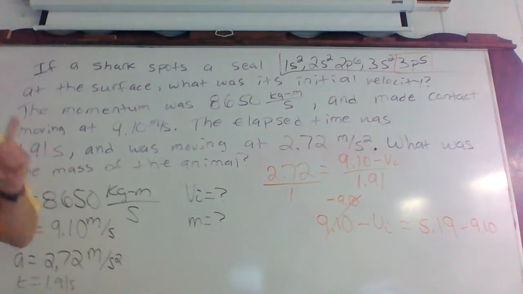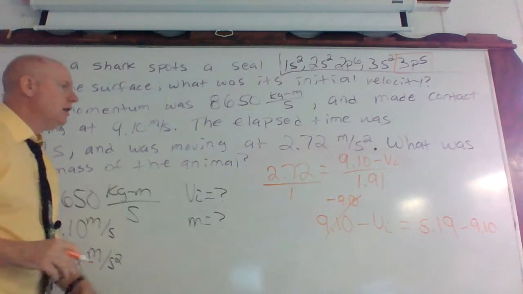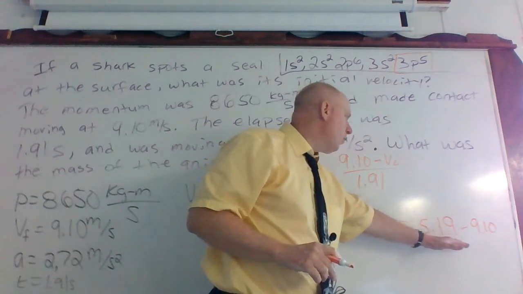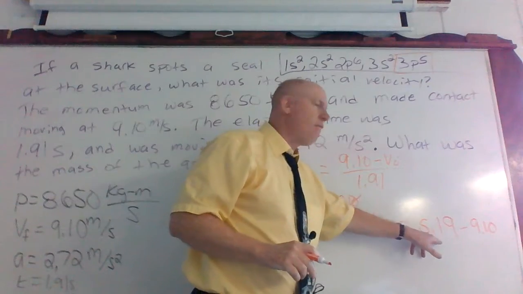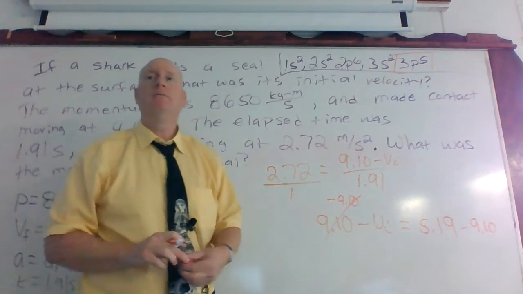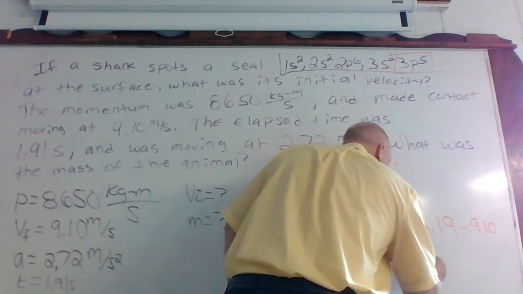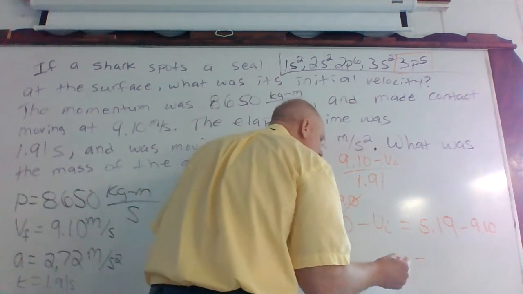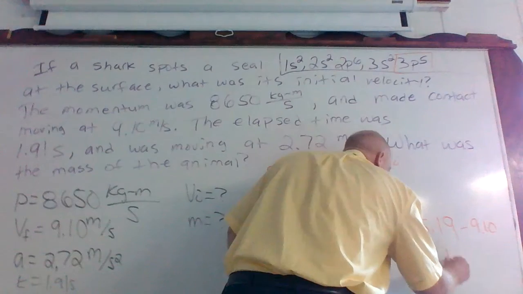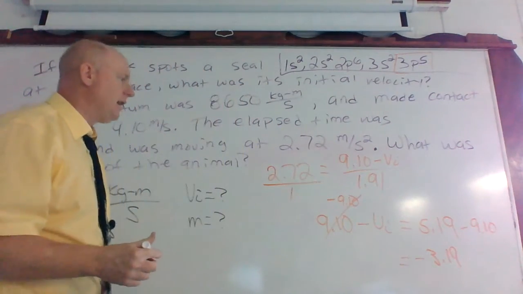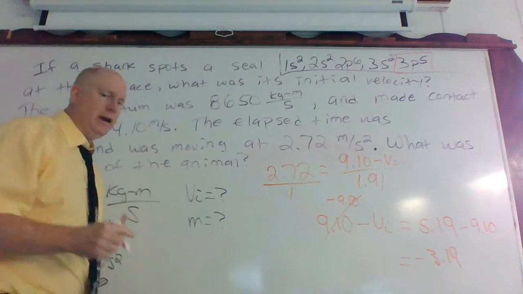We've accounted for that on our right side. So, when we subtract 9.10 from 5.19, we get what? I heard a negative. Okay, what's left over on our left side? 9.1? Okay.